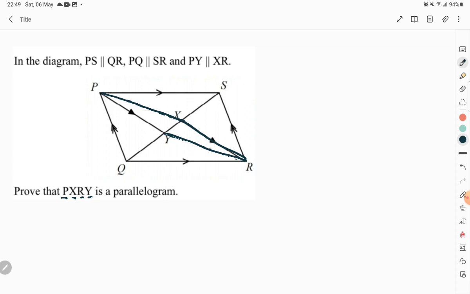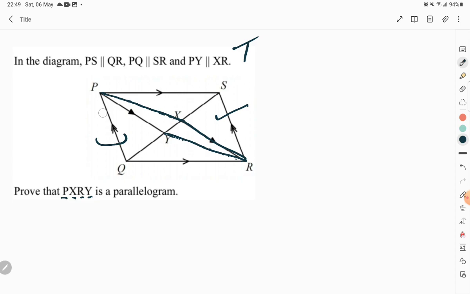Now it is wise that we find this side equal to that side. Should that happen, then that is going to be a parallelogram. Now I'm thinking of finding out the relationship between some triangles, whether they could be congruent to each other. Should they be congruent, then this line is going to be equal to this one.